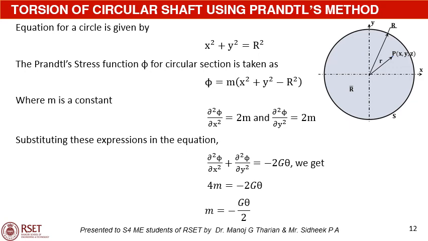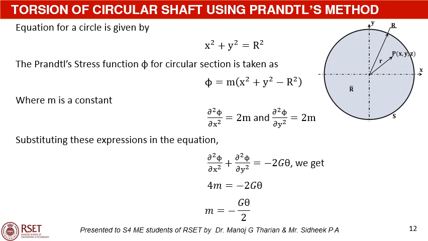As we know, the expression for the circle is given by x² + y² = R². The Prandtl stress function φ for the circular section is taken as φ = m(x² + y² − R²). From this equation, we see that if we substitute any point on the boundary, we will get φ equal to 0.